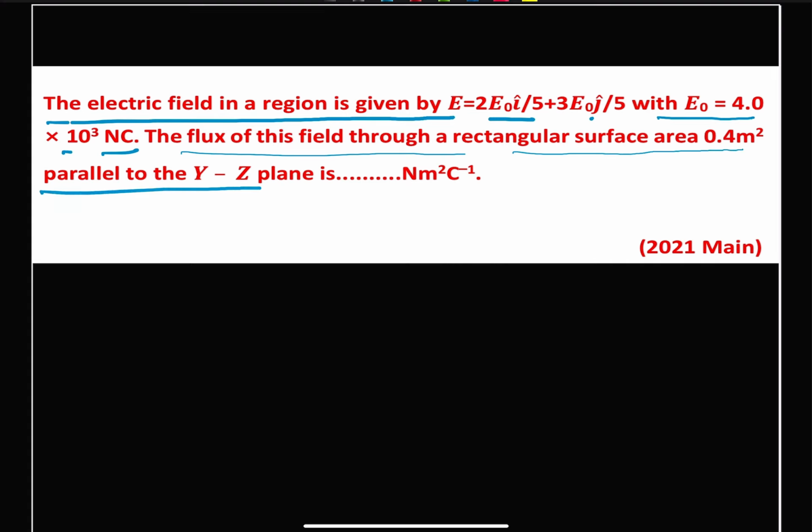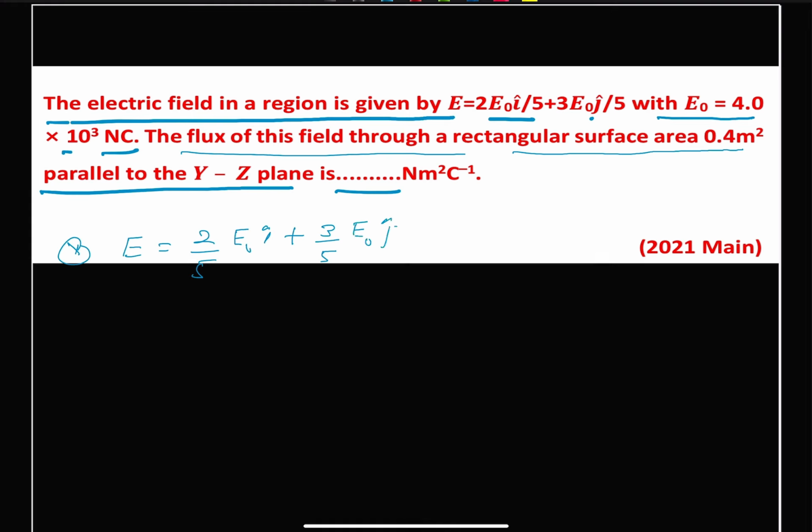So the electric field is 2 by 5 E naught I unit vector plus 3 by 5 E naught J unit vector.